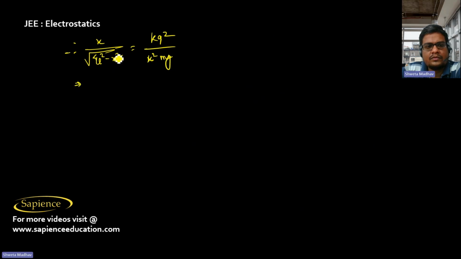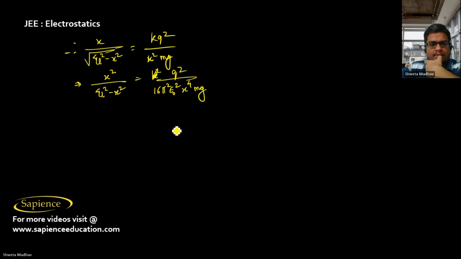Now if we square both sides, then we'll get x square by 4L square minus x square, that is equal to k square, q square by 16 pi square epsilon naught square, 4 by epsilon naught x power 4 mg m square g square.